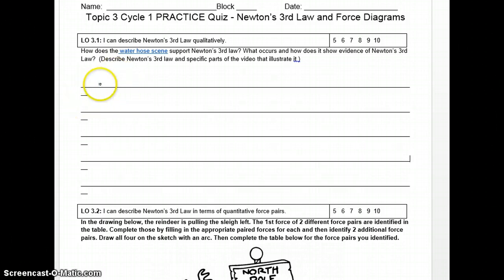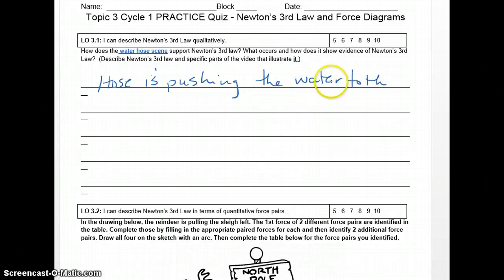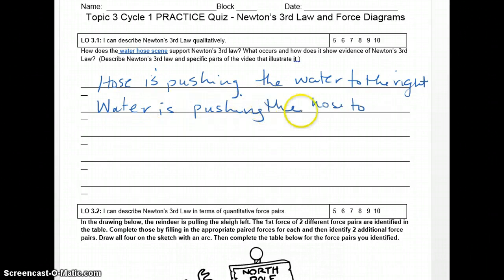And you can say that the hose is pushing the water to the right. And at the same time, the water is pushing the hose to the left.